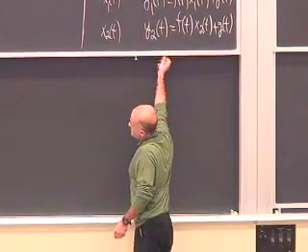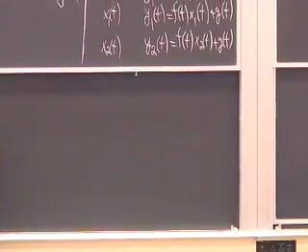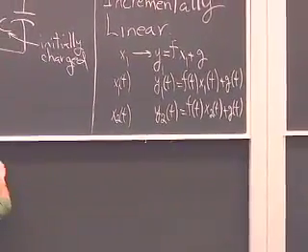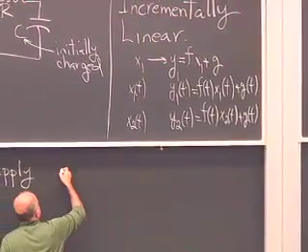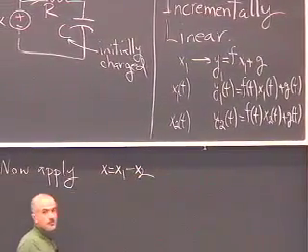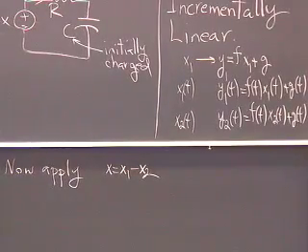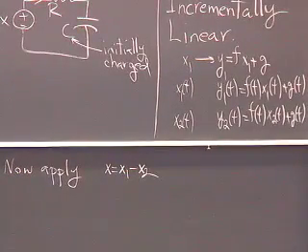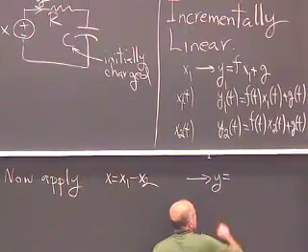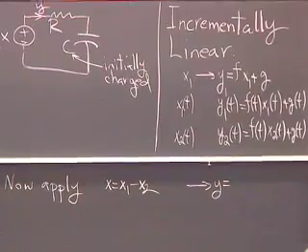What happens if I apply a signal x, which is x1 minus x2? What do you get? Figure it out. What's going to be the response due to that?